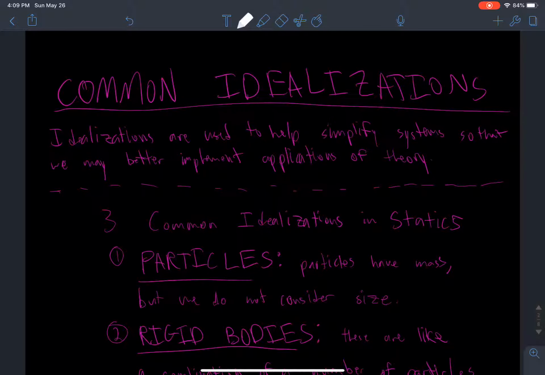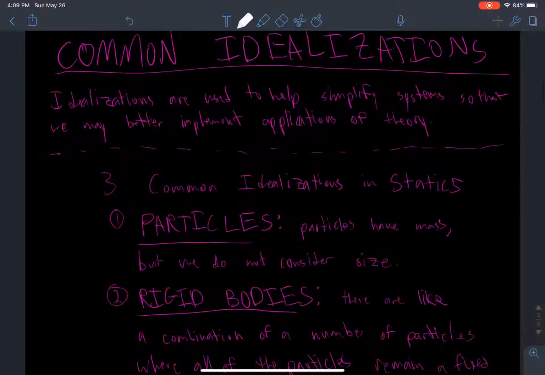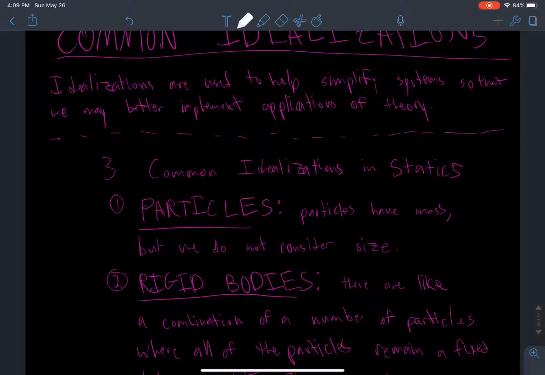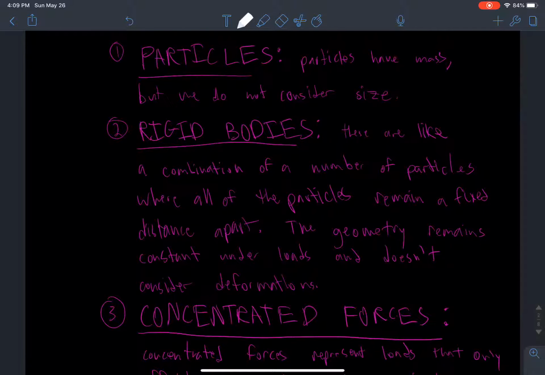And some common idealizations are just these 3 idealizations, and we use these idealizations, or you could say simplifications, to make the systems easier to work with and better to use for applying the principles of statics. The 3 main ones that you're going to use are considering objects as particles, considering systems as rigid bodies, and considering forces as concentrated forces.